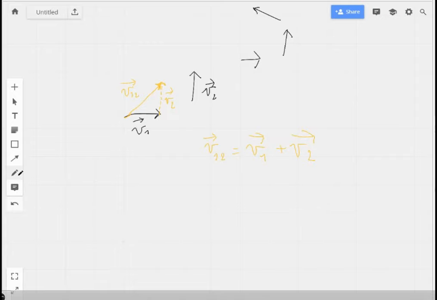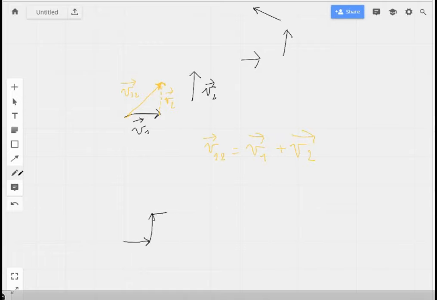I'm just drawing them again here. We have v1. I'm just shifting v2. I'm moving it in space, something that you're allowed to do with vectors. I'm not changing its magnitude or direction. Then we'll have v2.